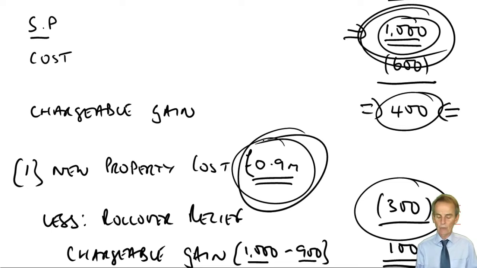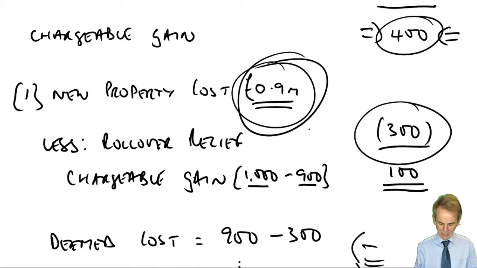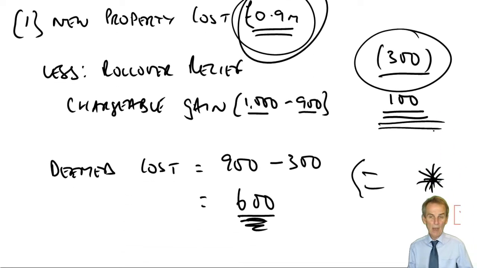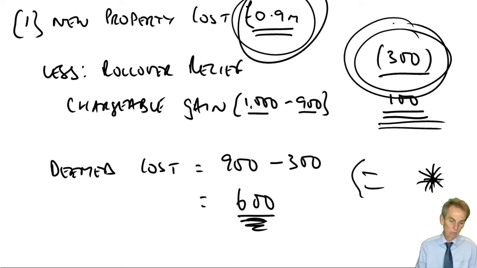There is no need for HMRC to allow you then to defer the gain, and that part of the gain will remain chargeable. The balance eligible for rollover, we do as we always do.